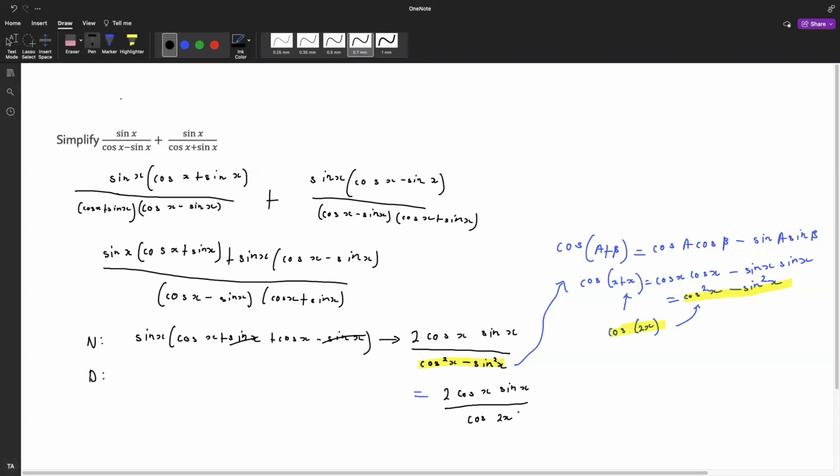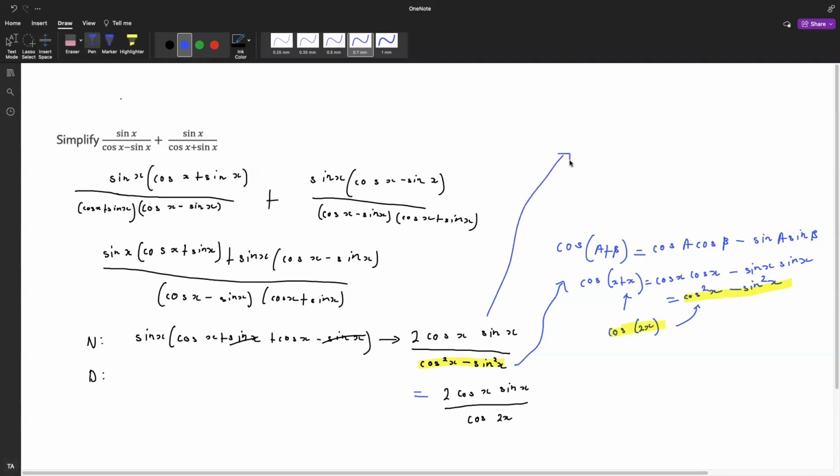Now, this top part, we can also use a trigonometric identity to fix up that one. So similar to how there's a trigonometric identity for cos, there's a trigonometric identity for sine as well. So we're going to go through that one now. Let's do that above cos.